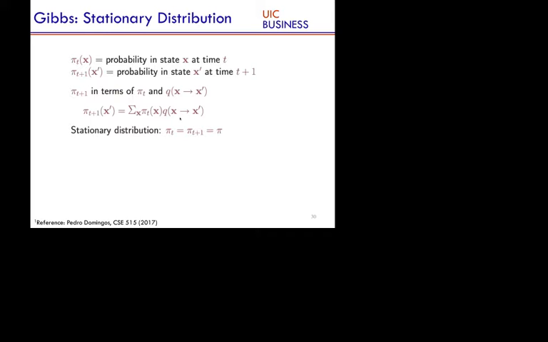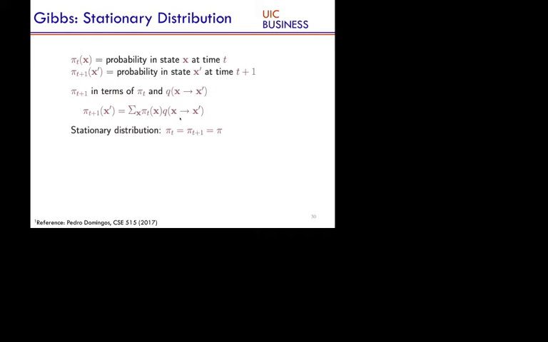What are the different ways you can get to state x prime? You can be in any state x, but what is the probability that you're going to be in that state times the probability that you're going to transition to this x prime? The probability of transitioning from x to x prime is just this factor, and the probability that you were in some state x in the previous time is just pi t of x. And so you can sum over all the states from which I could have reached x prime, and it can be restricted, or it can be all states, right?